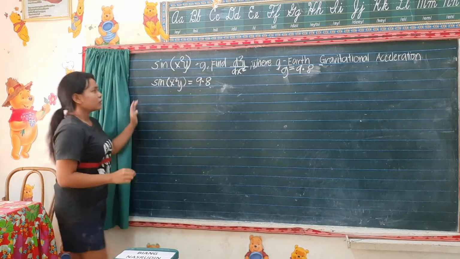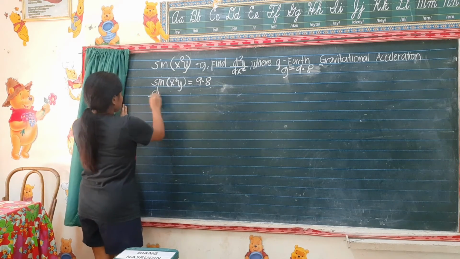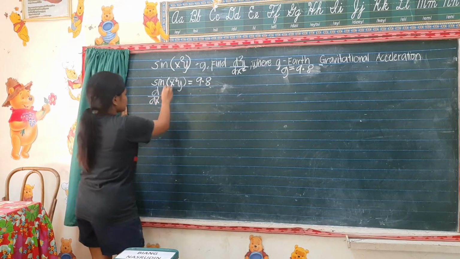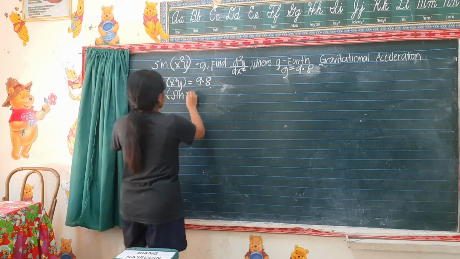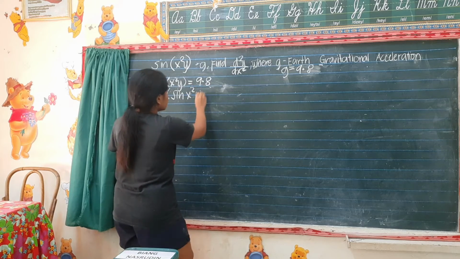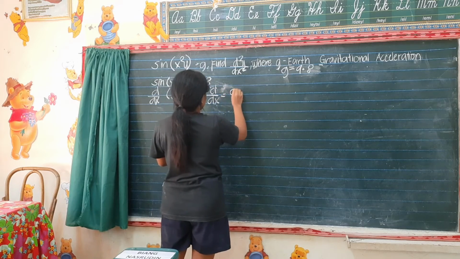So we need to differentiate: d over dx times sin of x squared y, times d over dx is equal to 9.8.